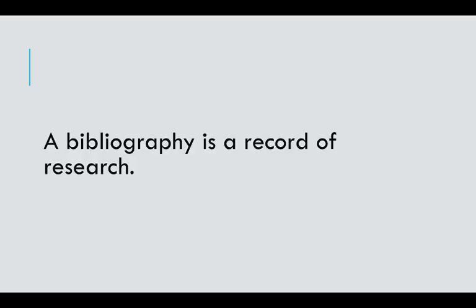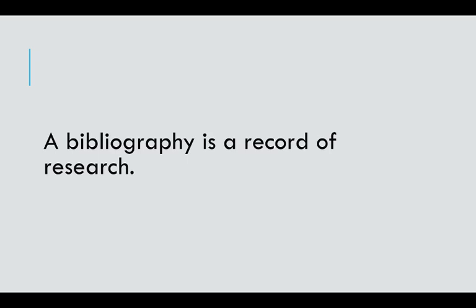So as I said a moment ago, a bibliography is a record of research. A basic bibliography is just going to be a listing of all of the sources that you have consulted in any way during your research process, whether you actually use those sources in your paper or not, but anything that helps you gain an understanding of your topic.